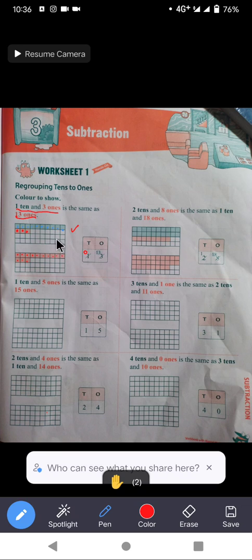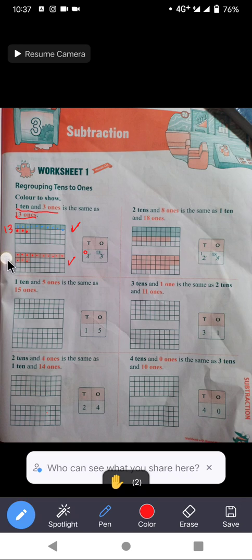Now count how many you have filled here and how many you have filled here. Here in total we have 1 2 3 4 5 6 7 8 9 10 11 12 13. So 13 squares we have filled. Now let's count here. 1 2 3 4 5 6 7 8 9 10 11 12 13.